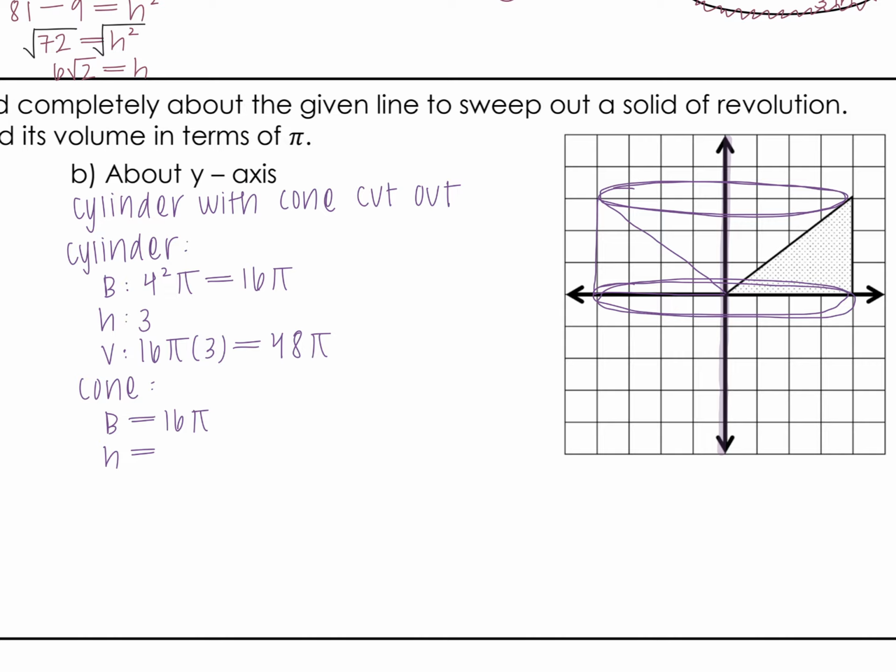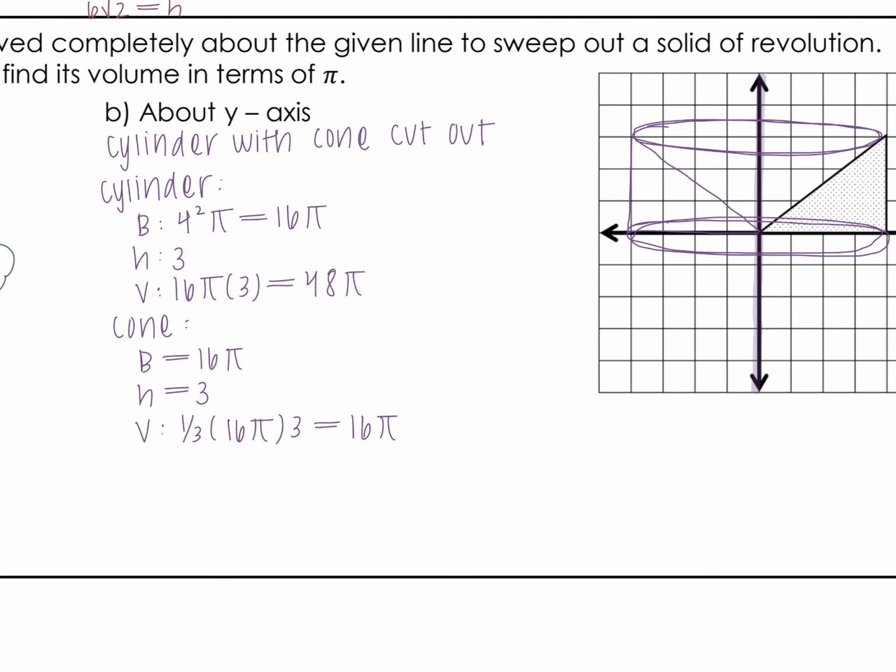Yes, so same H. And so for my volume this time, we're going to have 1/3 my area of the base, 16 pi, times 3, which should just give you 16 pi. And then we just subtract. When you subtract, you're going to get 32 pi units cubed.